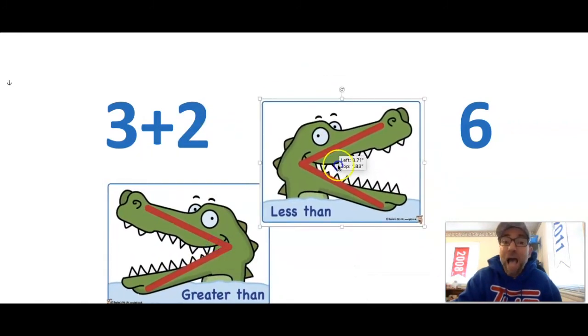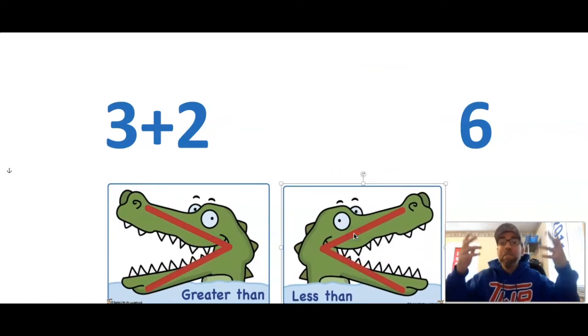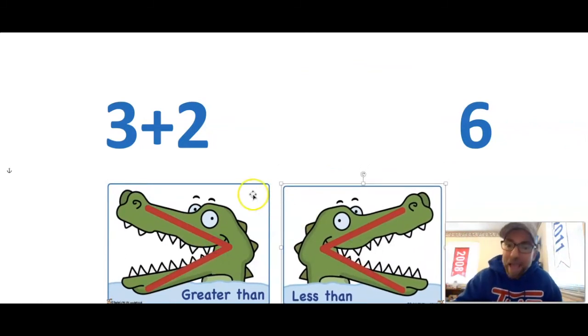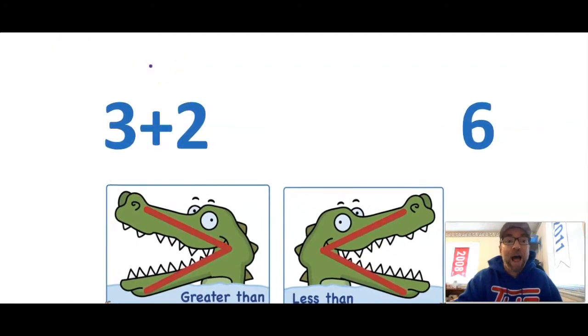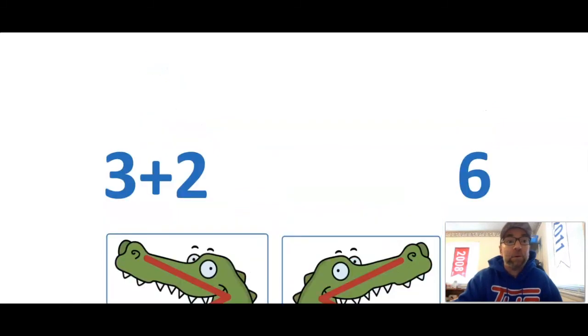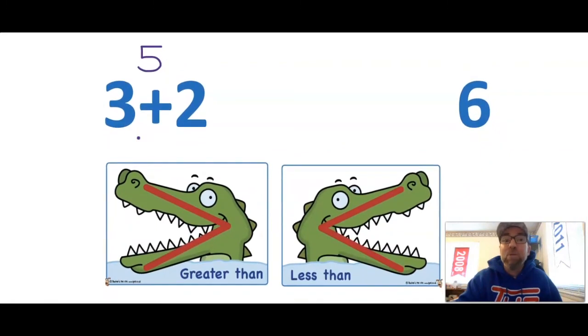Which side is bigger? Well, we have to do some math. What's 3 plus 2? 3 plus 2 equals 5. So we have to keep that in our mind. I like to write down the number 5 so that I remember what it equals.